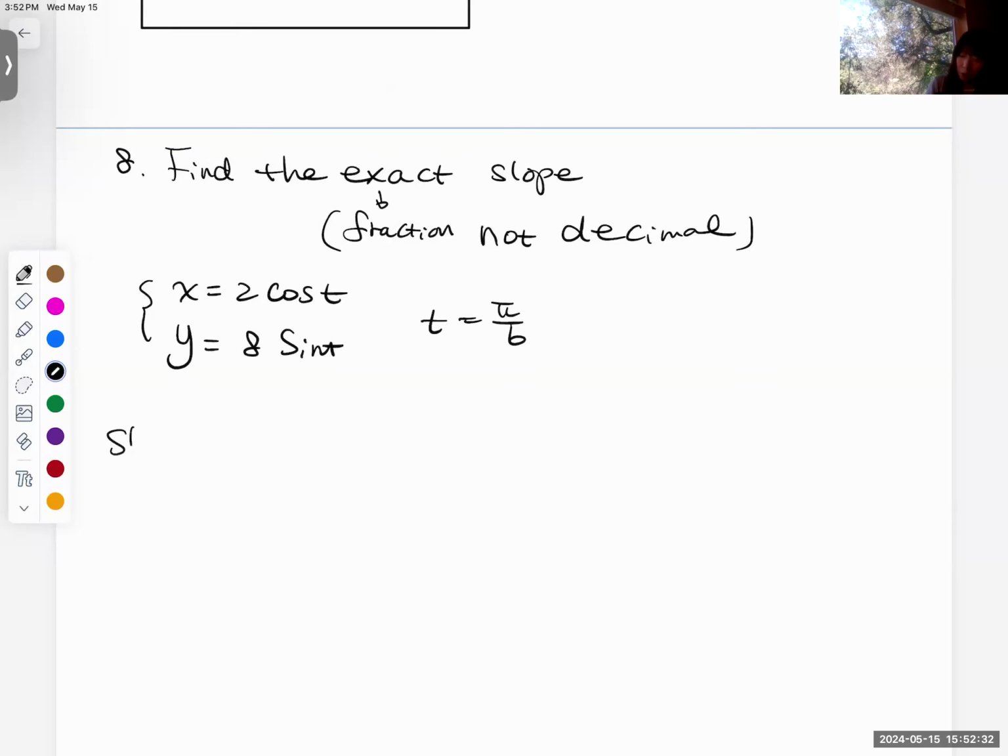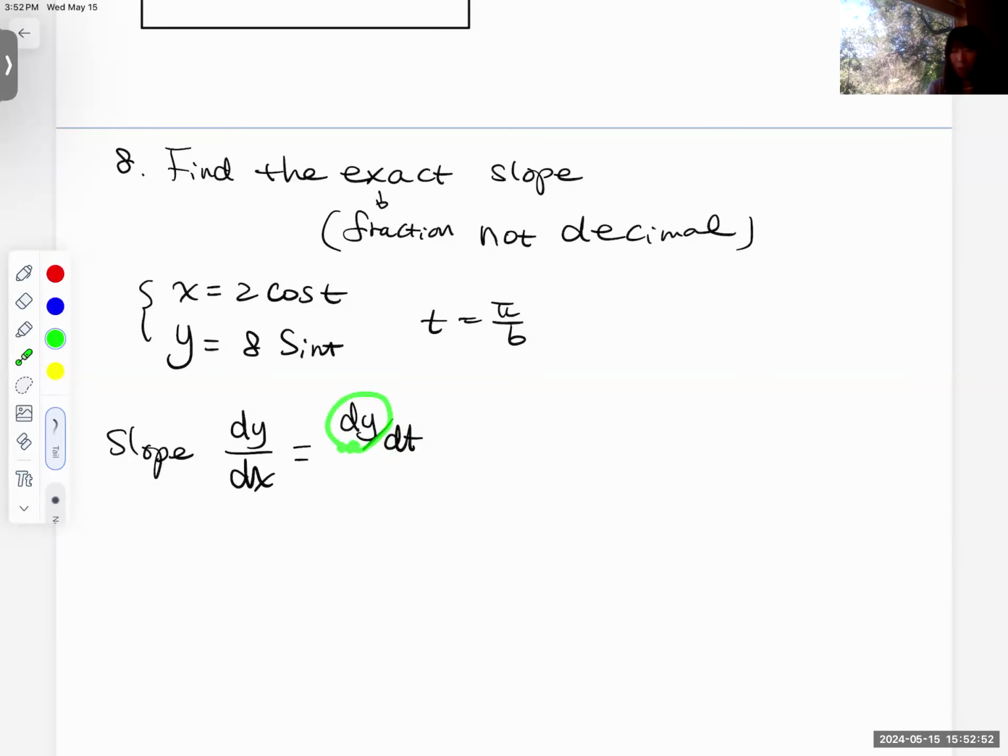So slope, which is dy over dx, right? And then for a parametric equation, the slope is dy over dt, which means we take the derivative of y with respect to t, right?